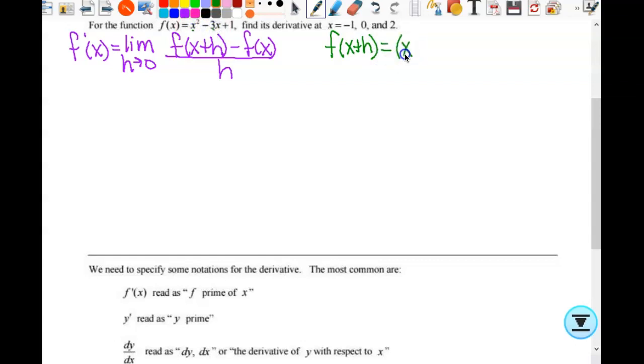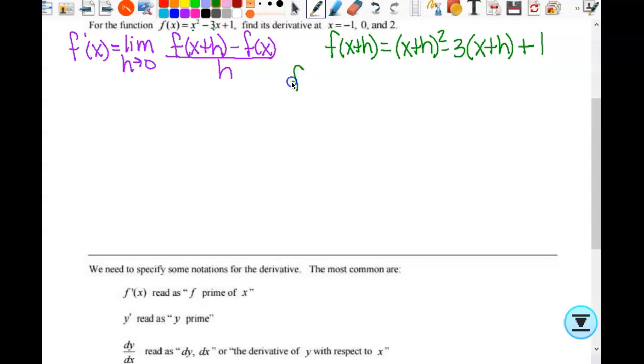So that would give me x plus h squared minus 3 times x plus h plus 1. Okay, everybody understand what we did there? We literally just substituted that in. That's all we did. Then we're going to multiply all this stuff out.